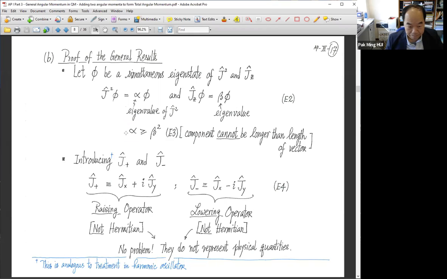Next, we start defining J plus and J minus. This is very similar to your harmonic oscillator. This week, one of the sample questions is about the raising and lowering operators in the harmonic oscillator as well, as a reminder of what they are.